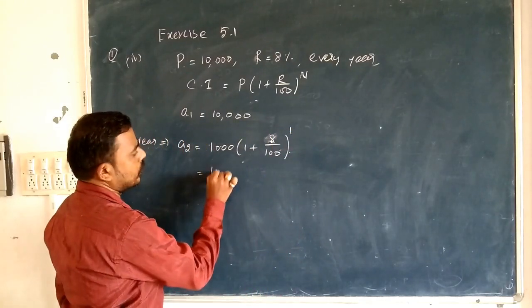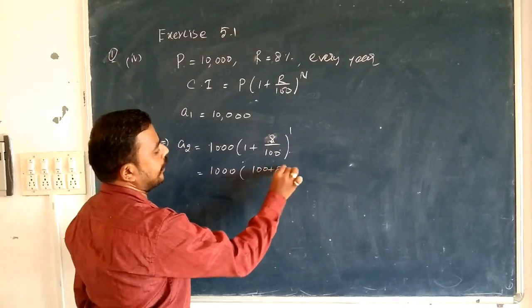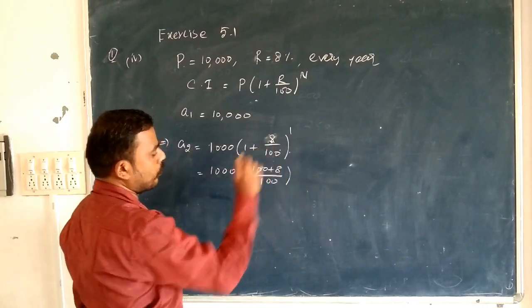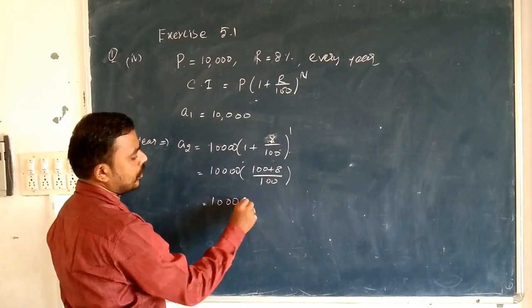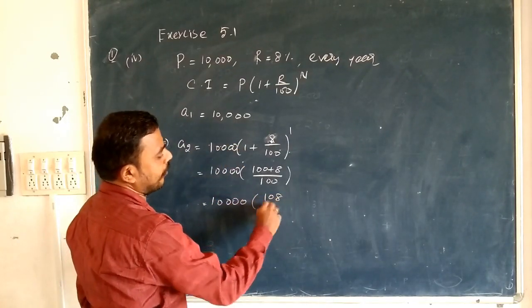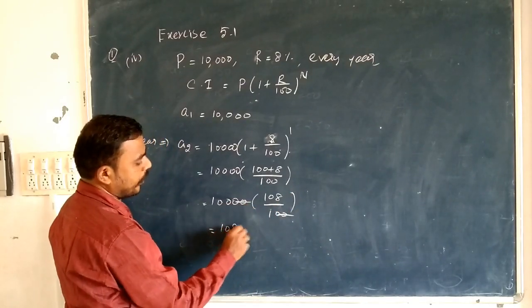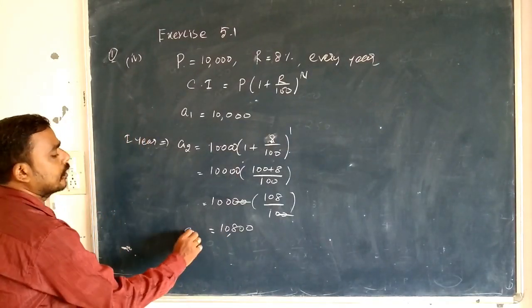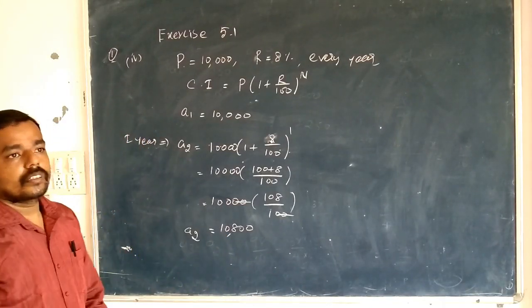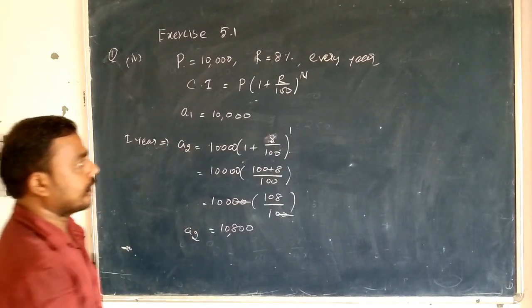So 10,000 into 100 plus 8 divided by 100, to the power 1. So 10,000 into 108 divided by 100. After cancelling, 10,800. So the starting number is 10,000 and the second one is 10,800.